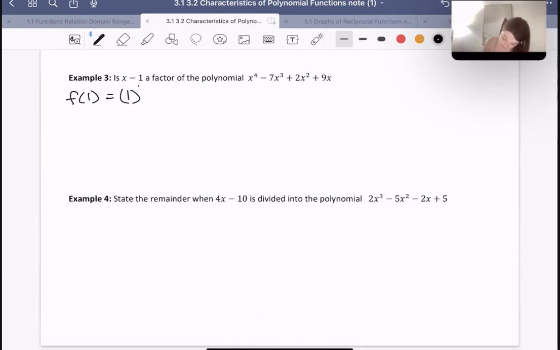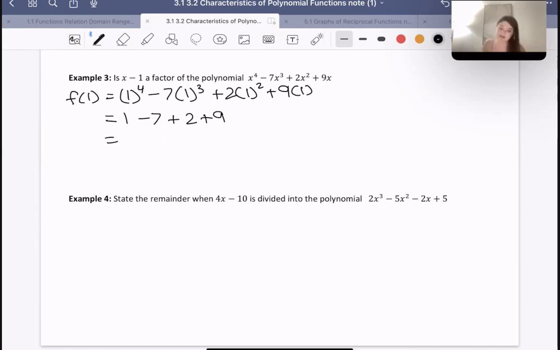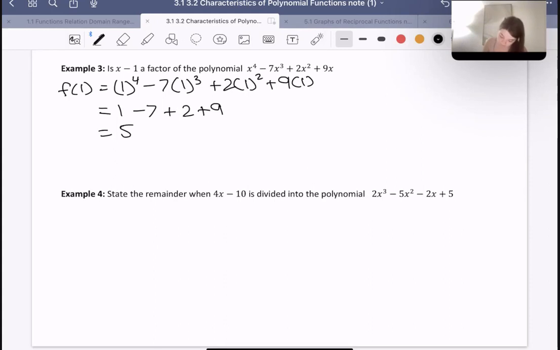Here we're going to have 1 to the power of 4 minus 7 times 1 cubed, plus 2 times 1 squared, plus 9 times 1, which is 1 minus 7 plus 2 plus 9, which is, well, it's not going to be 0. I already saw that. Question is, what is it? It's going to be 12 minus 7, which is 5. So 5. And 5 does not equal 0.